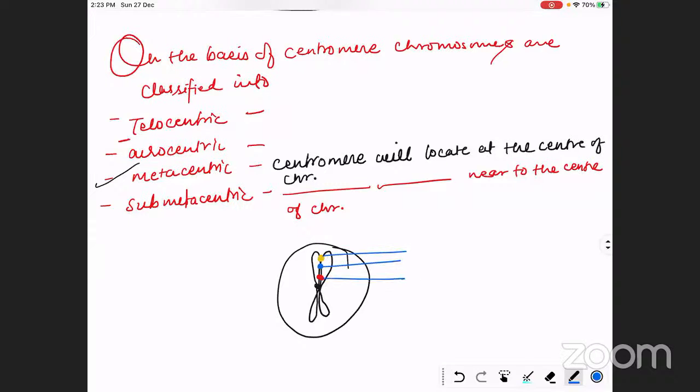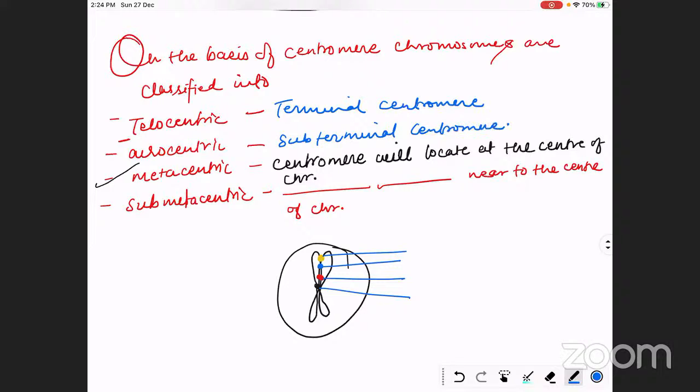Telocentric, submetacentric, metacentric. Okay, I am drawing the location of the centromere on the chromosome. So if the centromere is present at the terminal site, it is known as terminal centromere, telocentric. Acrocentric has a subterminal centromere.